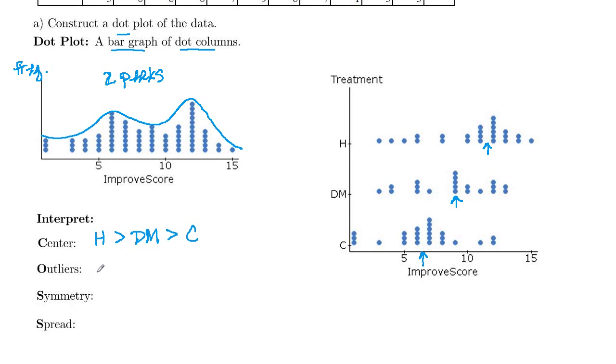Outliers. Outliers are data values that are far away from the rest of the data. Usually gaps in the data will tell you about possible outliers. Here we do have a gap of one value and a gap of one value, and then these values are next to each other. So I would say probably not any outliers here. Here again there's a gap of just one value, and then you've got three values that are together.